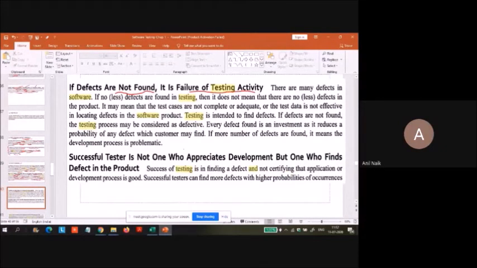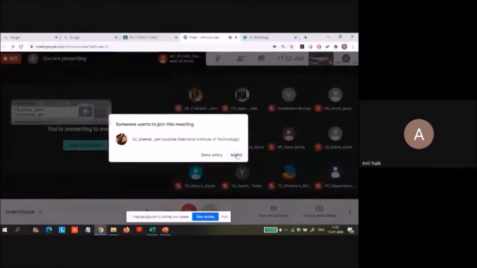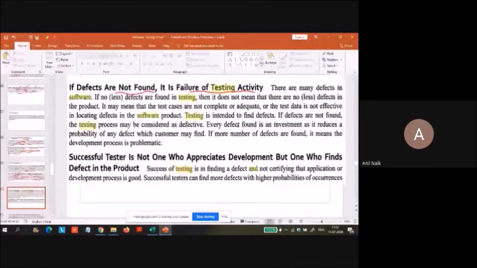So the first principle is that you have to assume that defects are present. And next, if the defects are not found, it is a failure of testing activity.